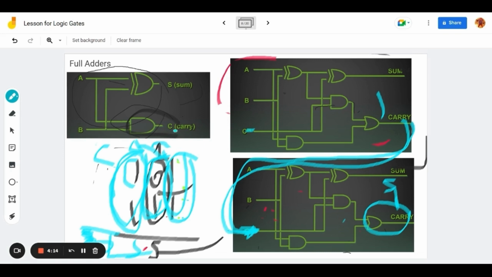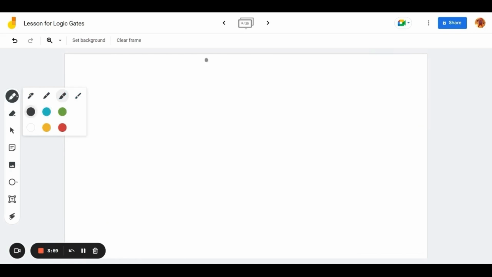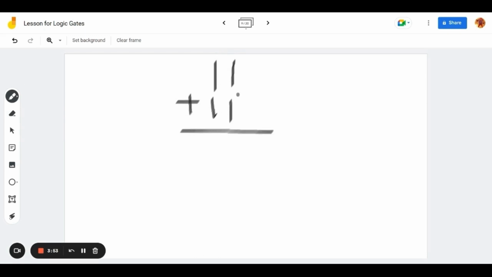Remember here that just like how the carry goes in here from the half adder, the carry goes out from here to here. It continues carrying over depending on how many rows there are. For example, let me show you. Let's do a simple one, like 11 plus 11. Through normal addition, this would be 1 plus 1, so 0, then 1 over here, 1 over here.